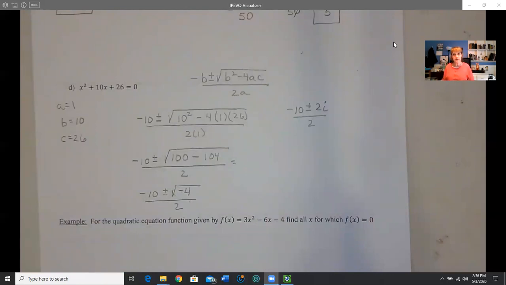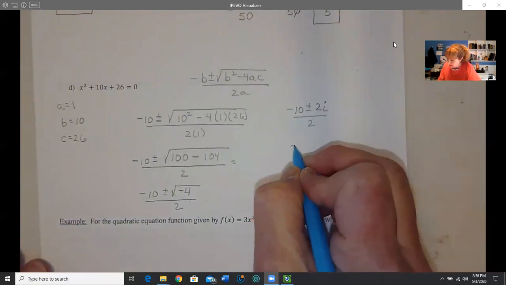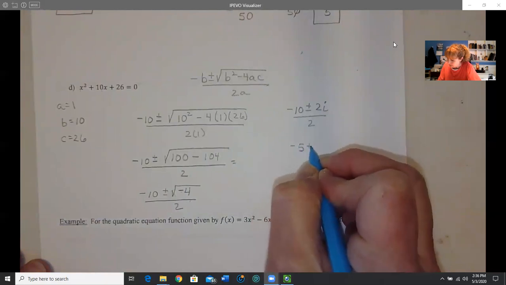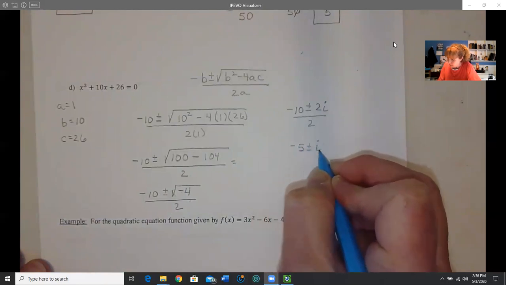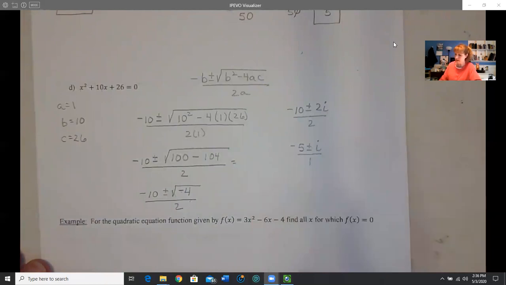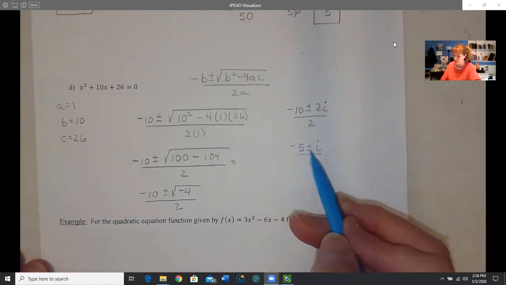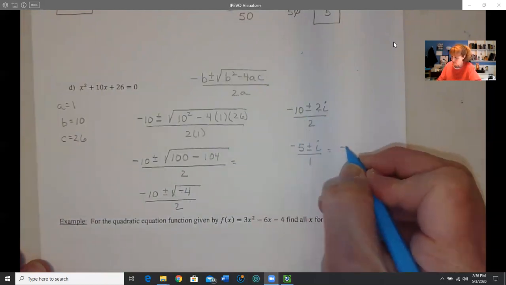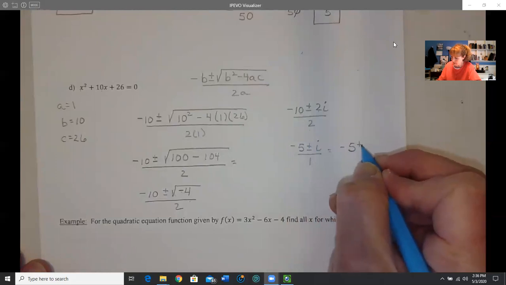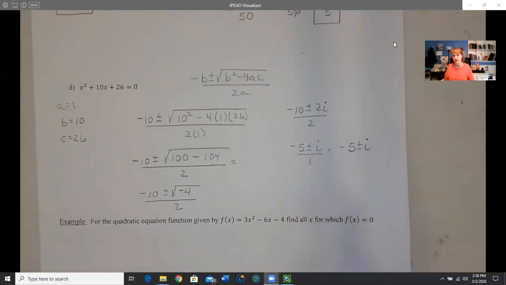Let's reduce this down, because 2 goes into all three of these. So we'll have a minus 5 plus or minus i over 1, because I divided each of them by 2, or just a minus 5 plus or minus i. Okay.